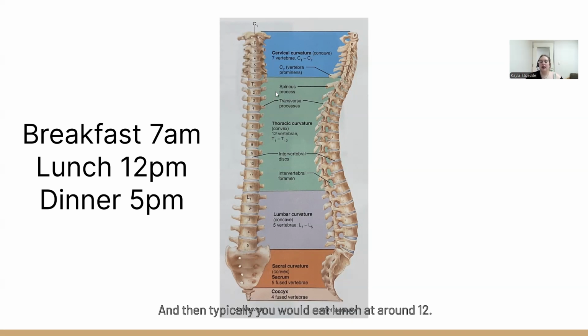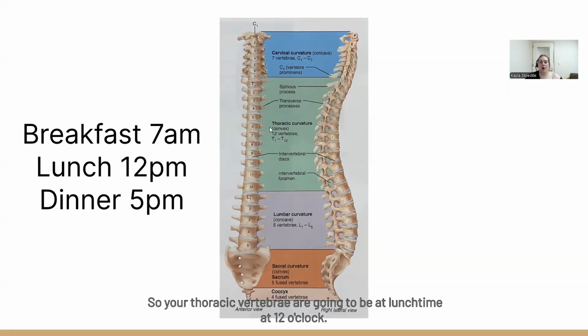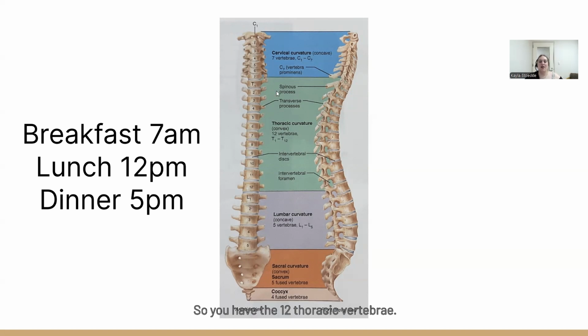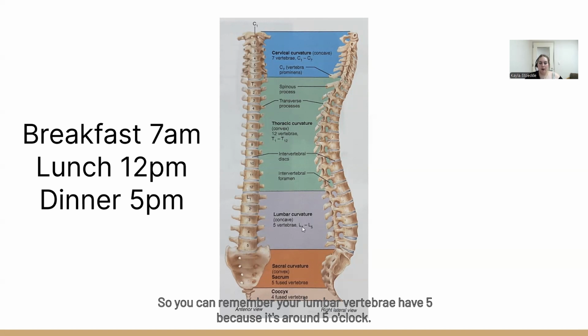And then typically you would eat lunch at around 12. So your thoracic vertebrae are going to be at lunchtime at 12 o'clock. So you have the 12 thoracic vertebrae. And then you usually eat dinner around, let's say, 5 o'clock. And so you can remember your lumbar vertebrae have 5 because it's around 5 o'clock.